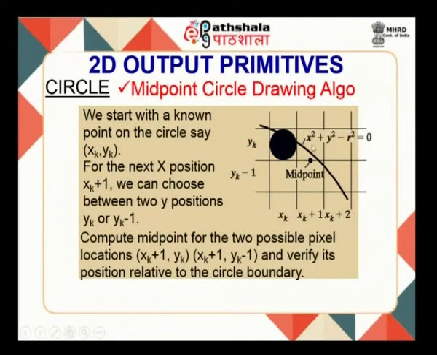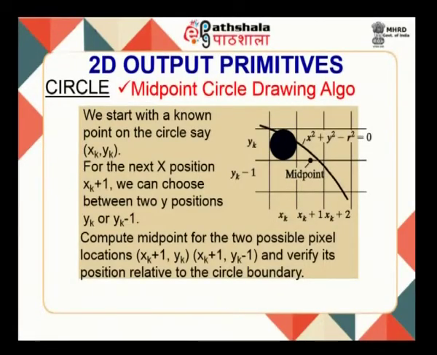If the midpoint is outside the circle boundary, it is close to the lower pixel, that is yk minus 1. That is how we take our decision, based on the position of the midpoint with respect to the circle boundary.